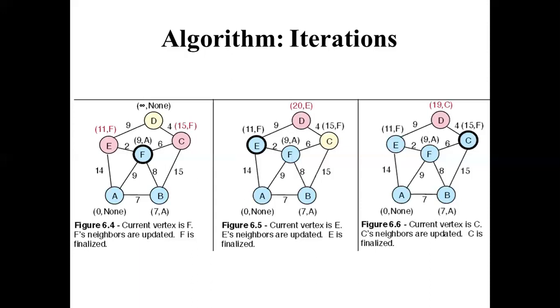For that, we have used E. The cost of reaching E is 11, and the helping node is F. So we have used E to reach D. Now 11 plus 9 gives us 20. So 20 and E becomes the pair value to reach D.